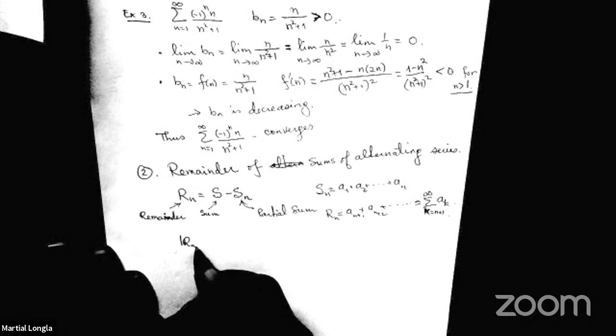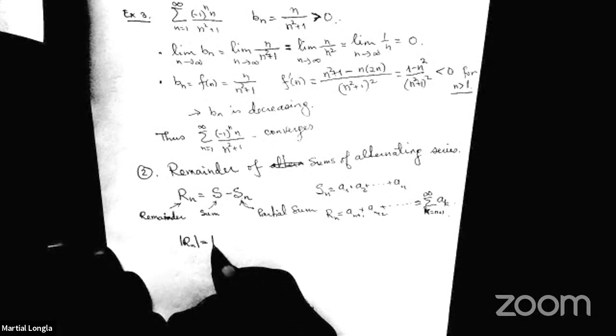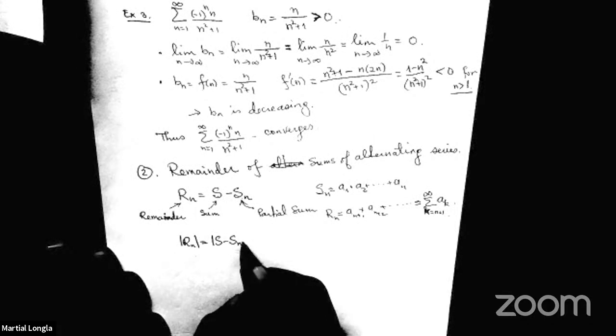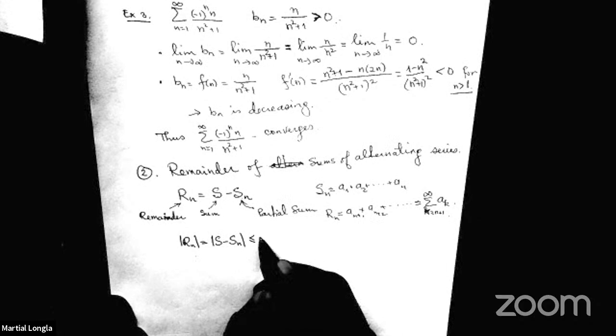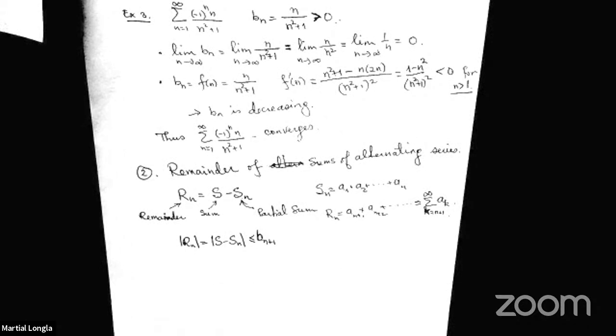We are going to find out that the absolute value of Rn, which is the absolute value of S minus Sn, is always less than or equal to the term Bn plus 1.